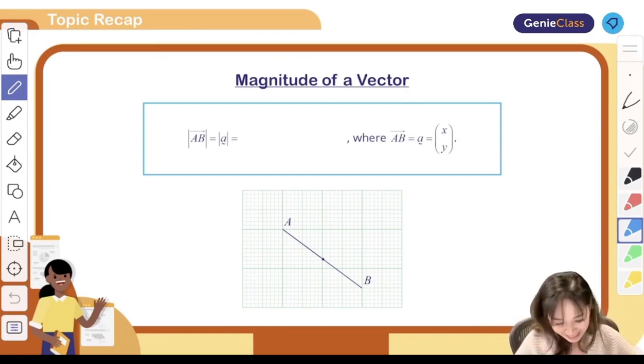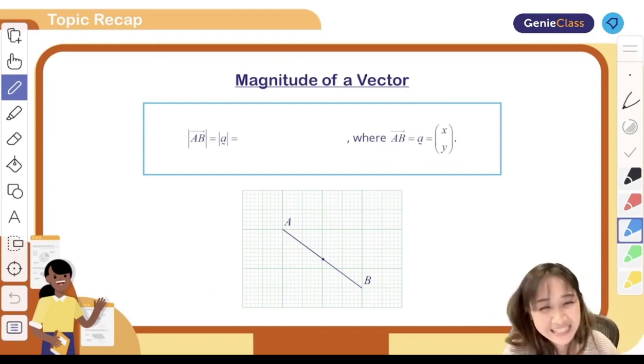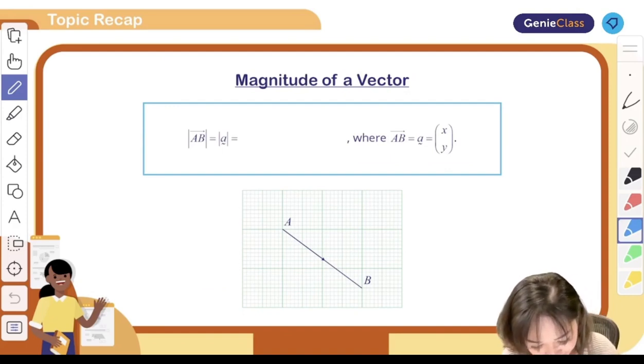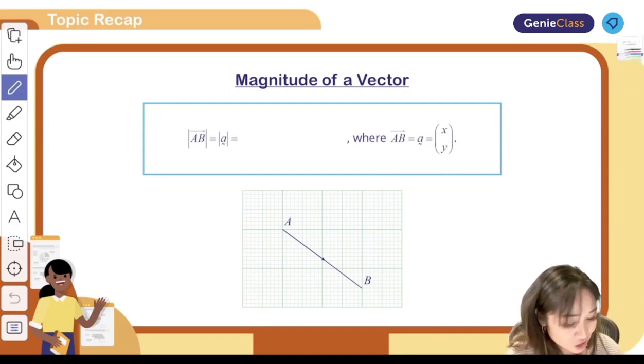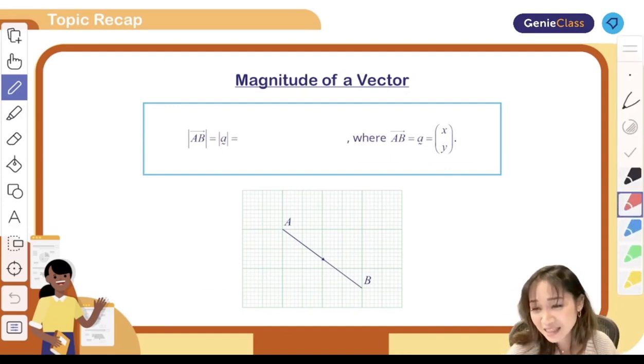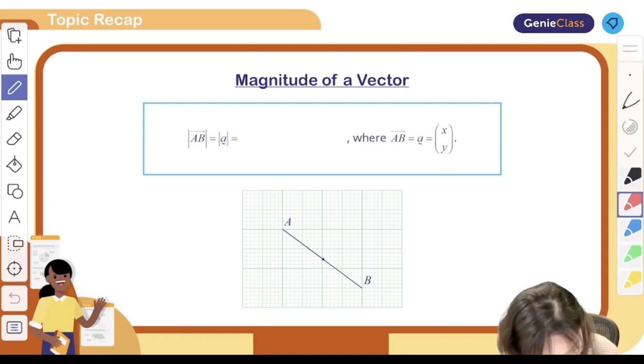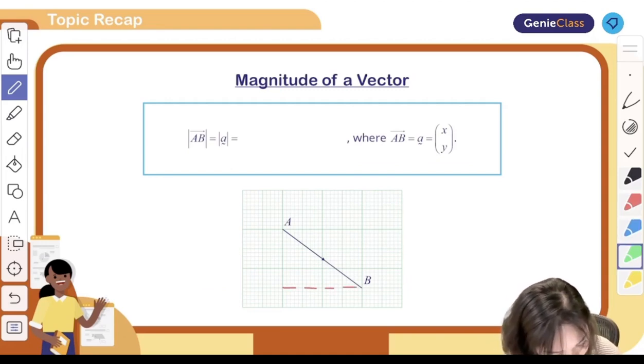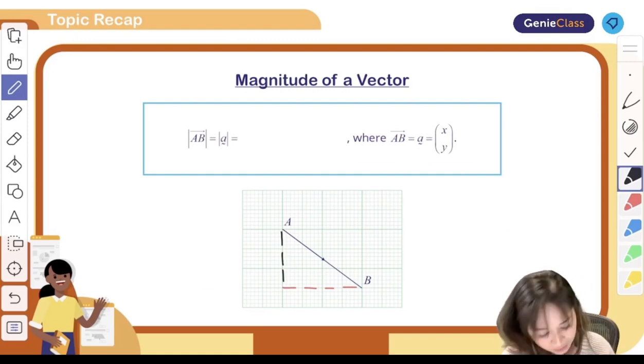So, magnitude of a vector. How do we find the magnitude of a vector? Essentially, it's just Pythagoras theorem, right? So we find the number of units moved along the x-axis and the number of units moved along the y-axis, horizontal and vertical.